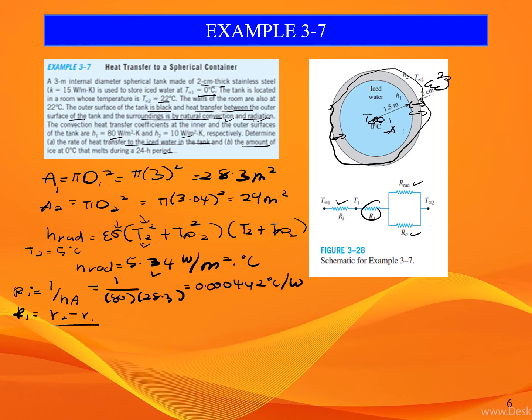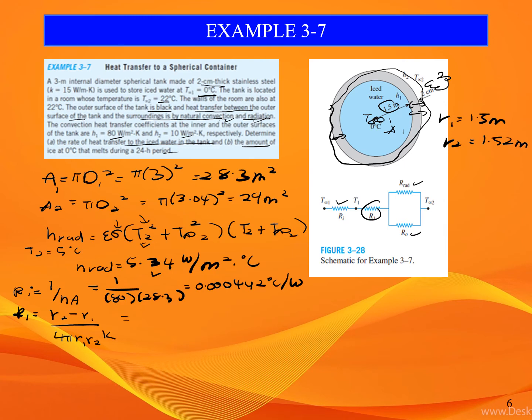The resistance for the spherical container is (R2 minus R1) over 4 pi times R1 times R2 times K. Here R1 is 1.5 meter, and R2 we need to add 2 cm, which is 1.52 meter.